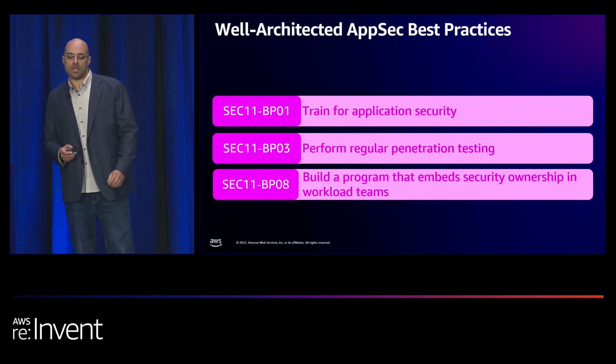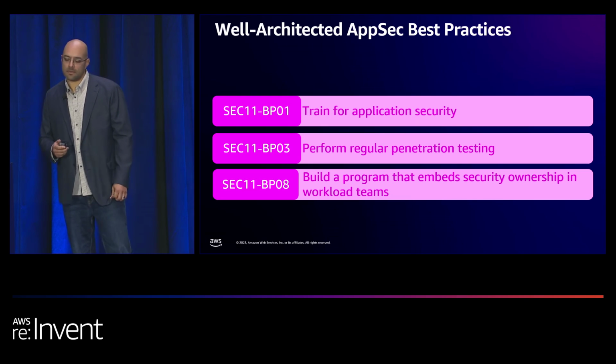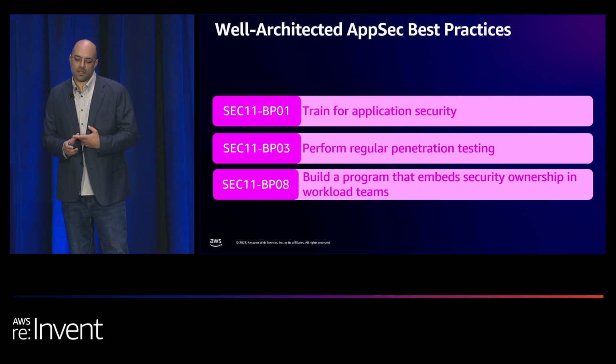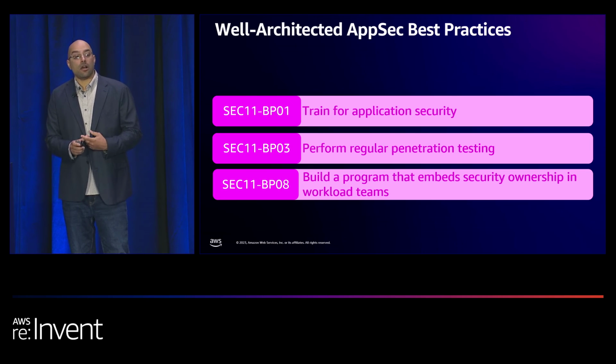If you're reviewing the AWS Well-Architected AppSec best practices, we use BP 1, 3, and 8 of this within our Security Champions program. Things like providing security information relevant to their applications, performing threat modeling and penetration testing, and augmentation of our engineers into their teams are all mechanisms that we use from the AWS Well-Architected Framework.